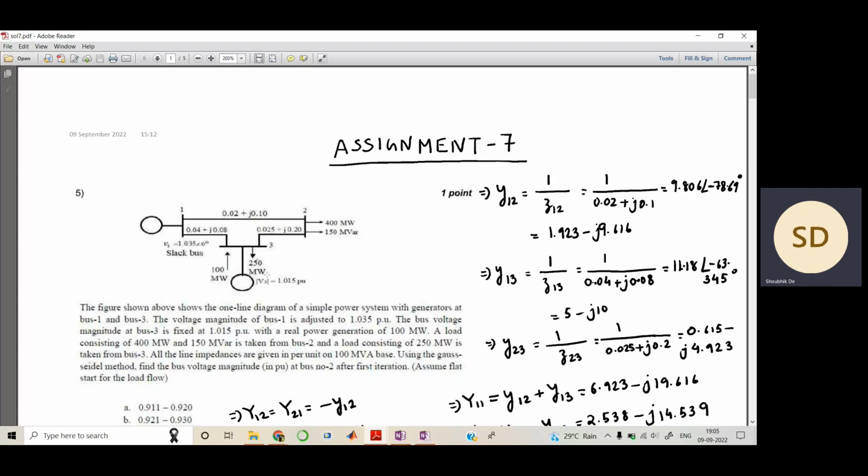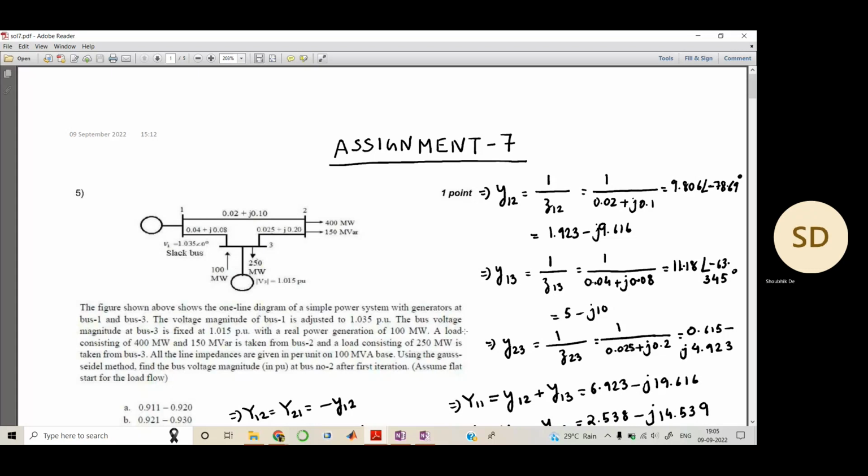However, this V3 is not at an angle of 0, so it must be having some other angle. We will see later, but you will see that the magnitude of it is 1.015 per unit. This is a very important observation because your questions 5, 6, and 7 are all connected. Therefore, noting this difference is very important since both of these, buses 1 and 3, are generator buses.